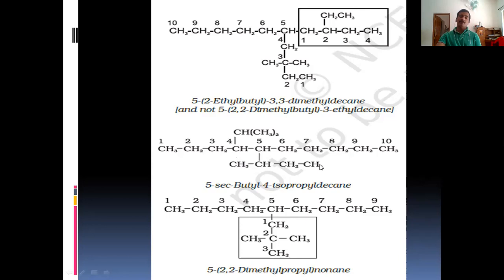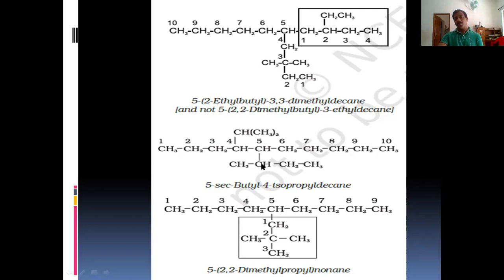So we can name this as a propyl, but there is a substituent in the first carbon, therefore 1-methyl propyl. But in the classical concept, it is secondary butyl group. Those classical names are also accepted by UPSC when you write the names of the substituents.